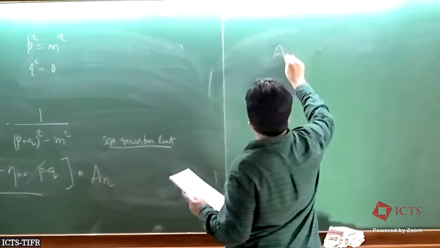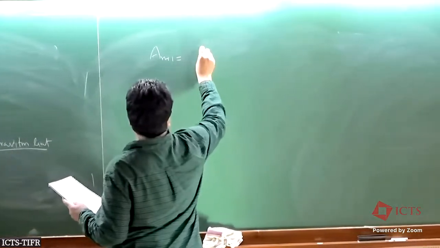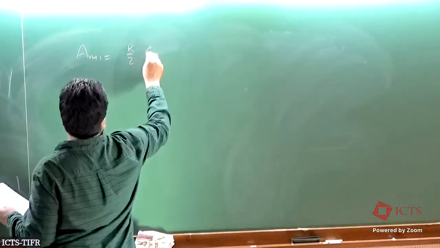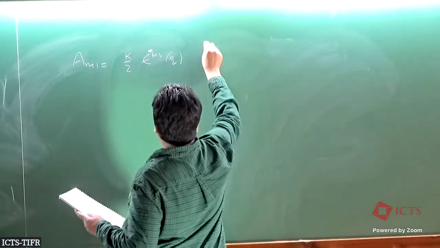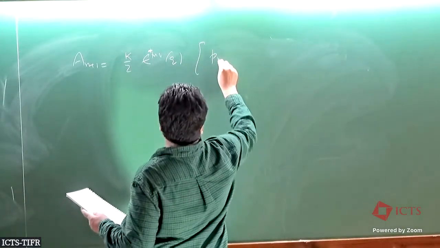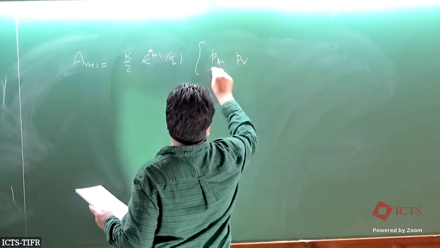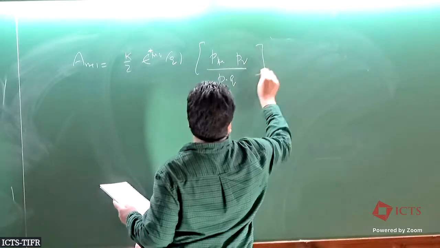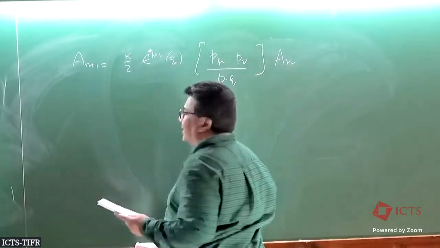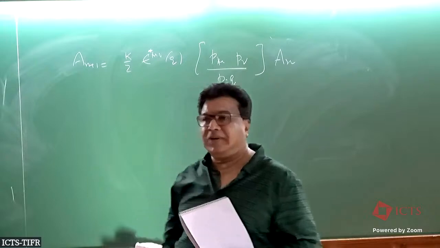So a n plus 1 is kappa by 2 epsilon mu nu star of q, and p mu p nu divided by p dot q times an.